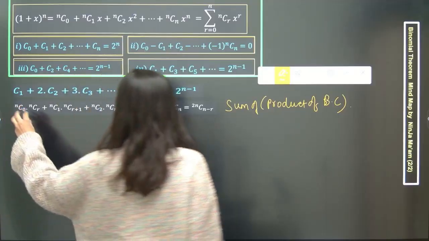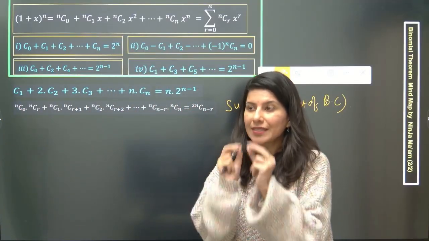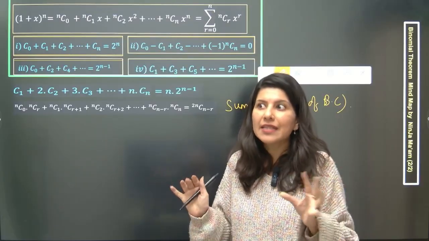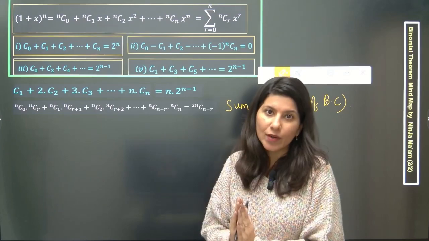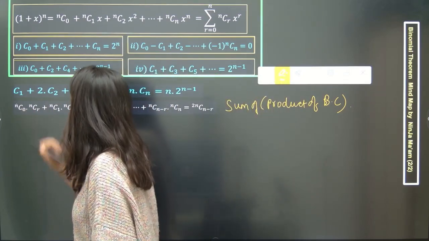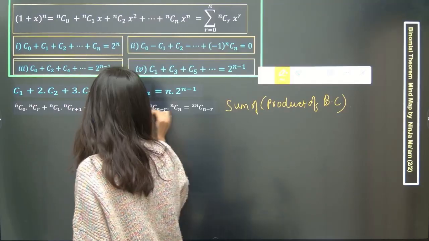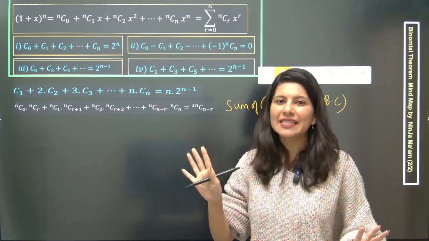So here can you see that two binomial coefficients are getting multiplied. The moment you see two binomial coefficients are multiplied, always think about adding the upper index and lower index. Okay, let us add the upper index. What is happening with the upper index? Ma'am, n. So the sum of upper index is n plus n, 2n.